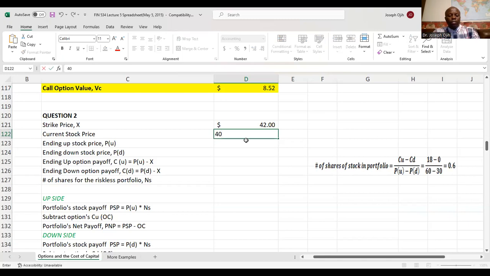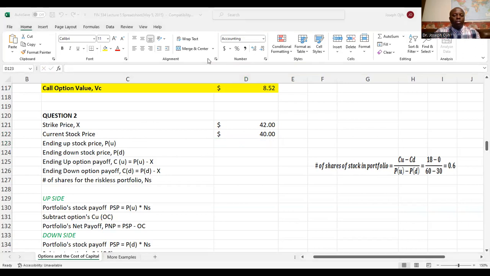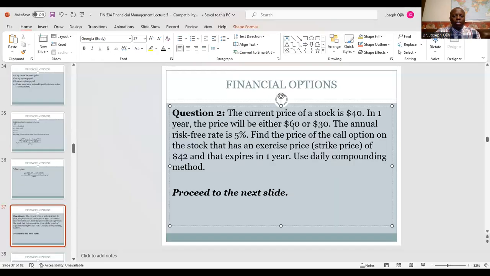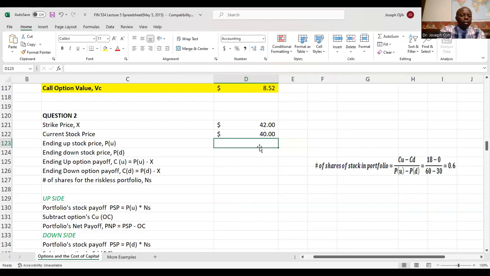Then the ending up stock price they give us already. Ending up stock price is $60 and ending down is $30. So you go and put it in. Ending up stock price, PU, $60. Ending down stock price is $30.